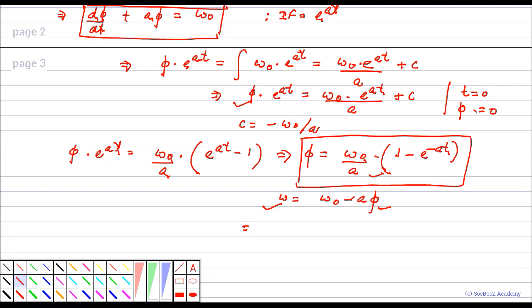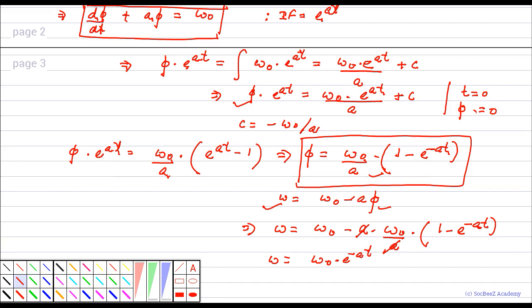So omega equals omega naught minus a into phi, which can be written as omega naught by a into 1 minus e to the power minus a t. So a gets cancelled, which gives me omega as omega naught into e to the power minus a t. So this is the expression of the angular velocity as a function of time.